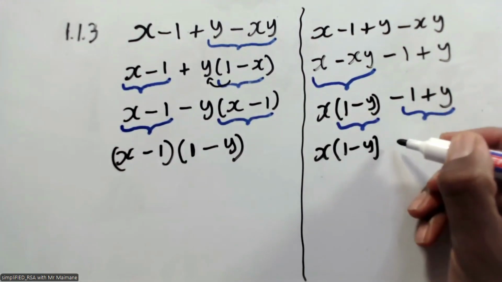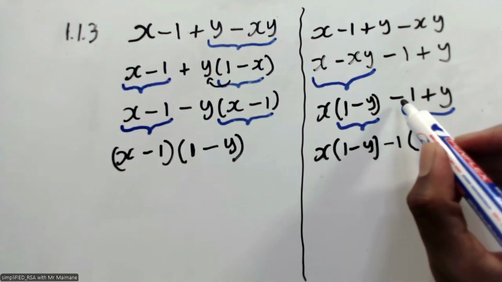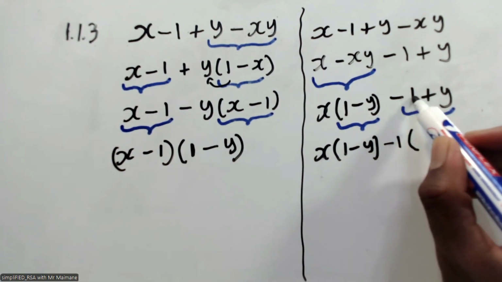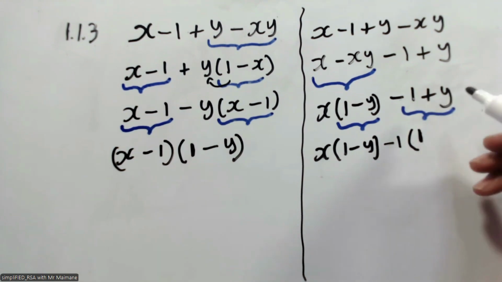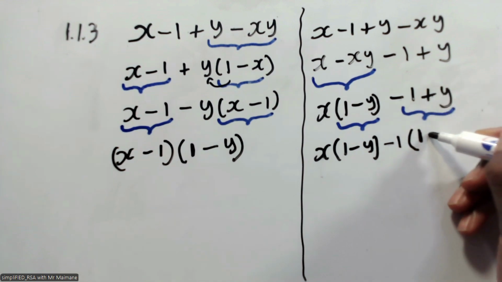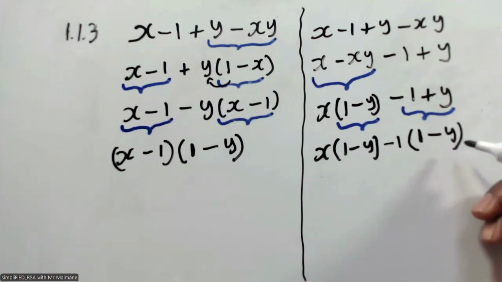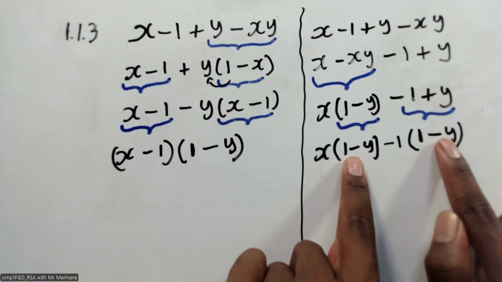I would have minus 1 into, now, minus 1, if I take out the common factor of minus 1 from here, I'm just going to be left with positive 1. And then plus y, if I take out the common factor of minus 1, it's going to be left as minus y. So that's how the new term is going to look, because I want to manipulate it to be similar or the same as this.